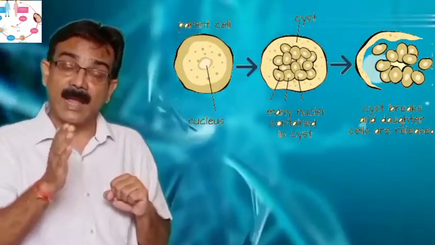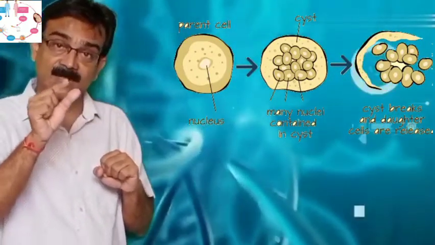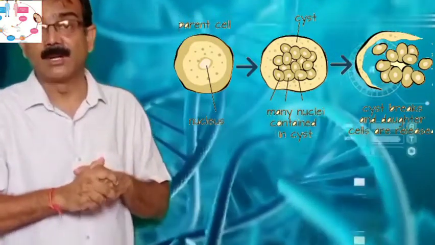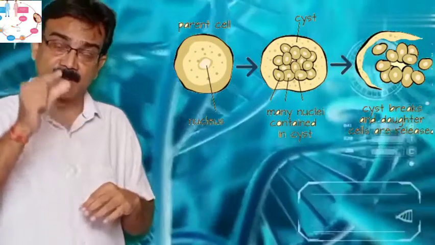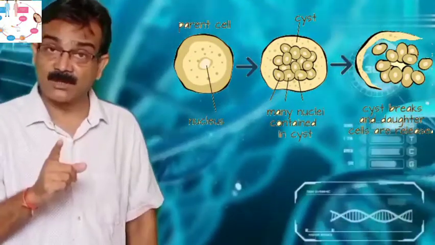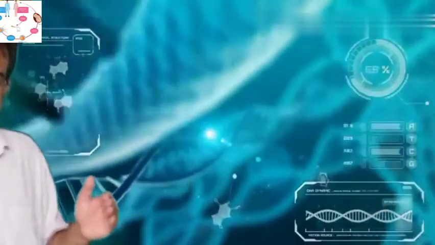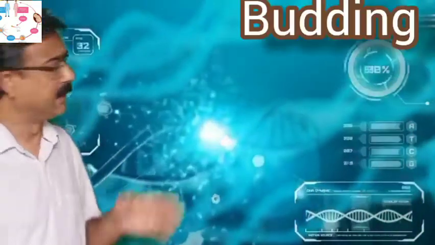The cyst bursts out, and these multiple daughter cells are released and develop into individual mature daughter cells. So this is multiple fission.